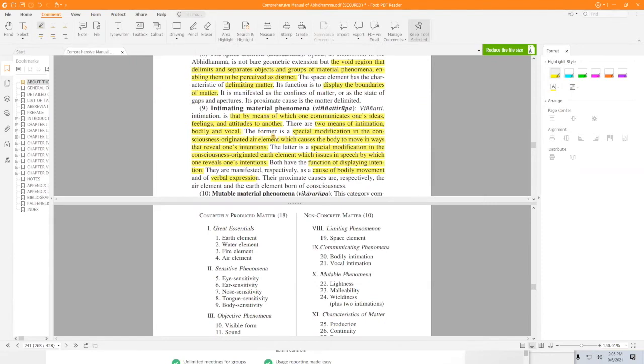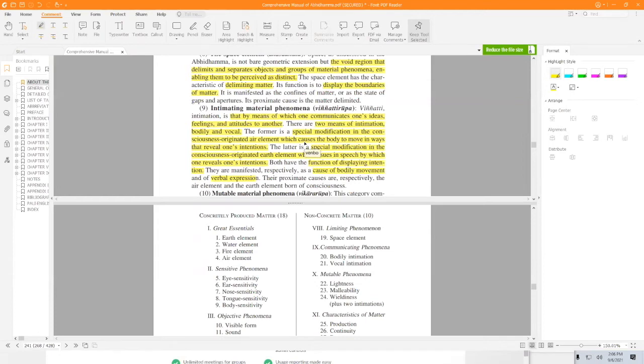Or maybe even facial expressions could be considered bodily intimation. So somebody says something pleasant, I smile, even though it occurs without deliberation, just spontaneously, it's a bodily movement which is expressing a conscious state of pleasure, enjoyment.